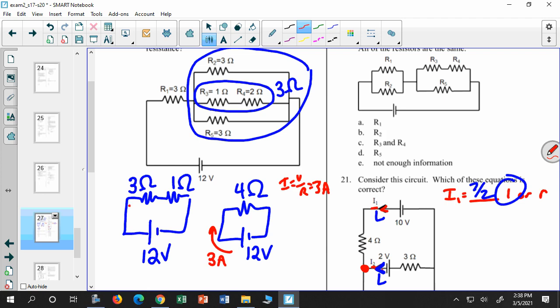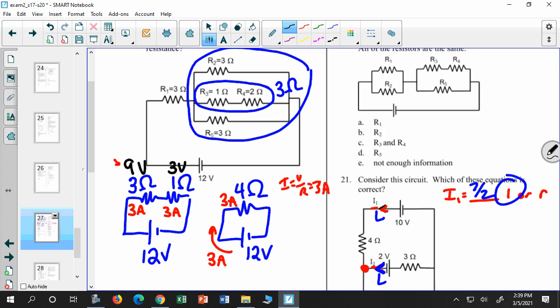That means that I also have 3 amps here and 3 amps here because resistors in series have the same current, and they have the same current as their equivalent resistor. So if I have 3 amps here, I have 3 amps on those 2 resistors that make up that 4 ohm. And then I have 9 volts here and 3 volts here.